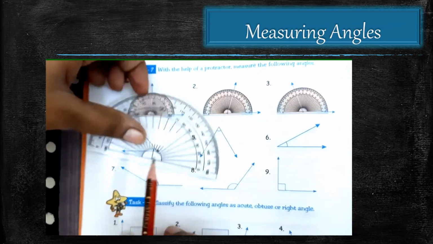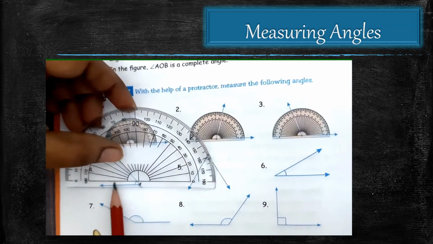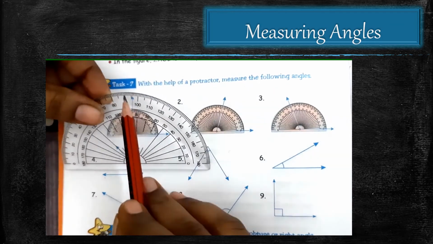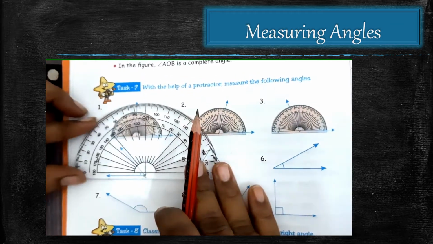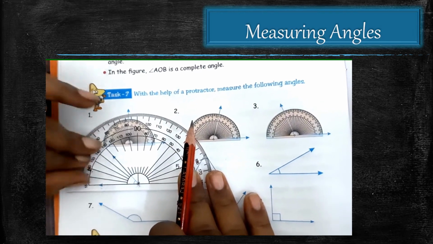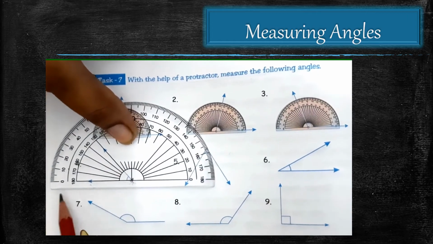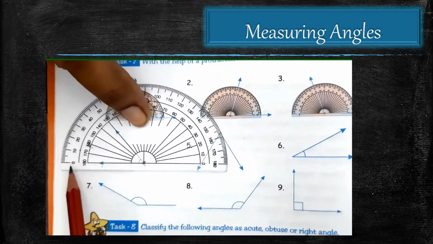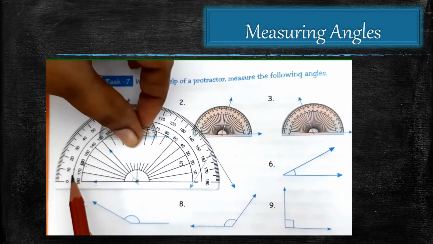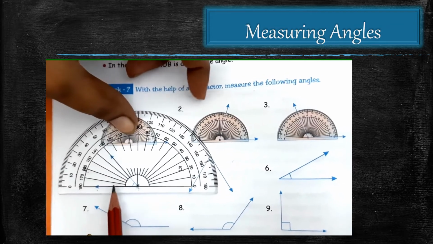Children, listen, you should not keep this as your baseline. The black line, can you see it in the protractor? That should touch your arm and the midpoint should coincide with the vertex. Exactly like this. Okay. Now, check whether the arm is on the right hand side or left hand side. It is on the left hand side. So we should start from the 0 degree on the left hand side. Now, check where the other arm lies in the protractor.